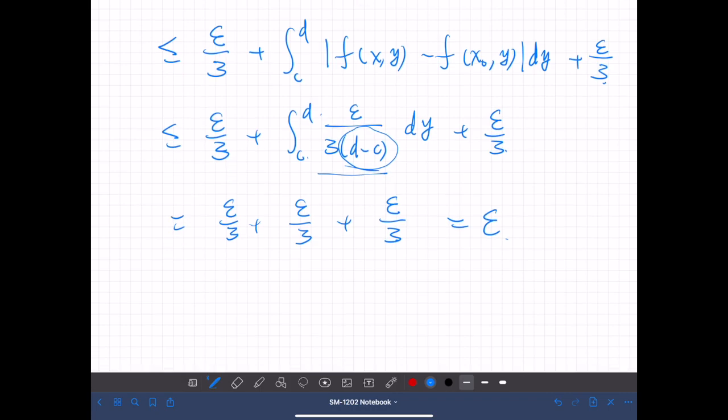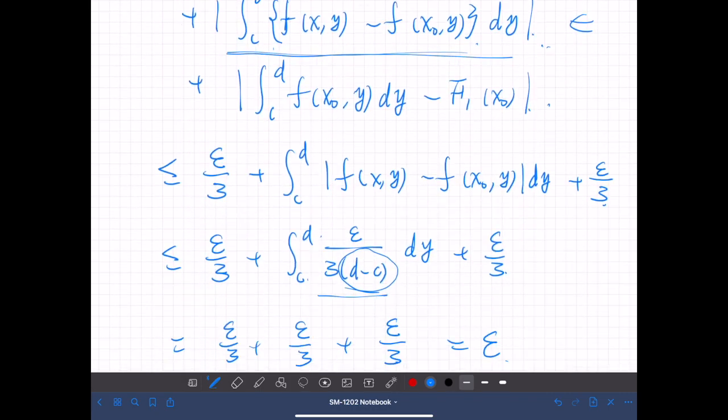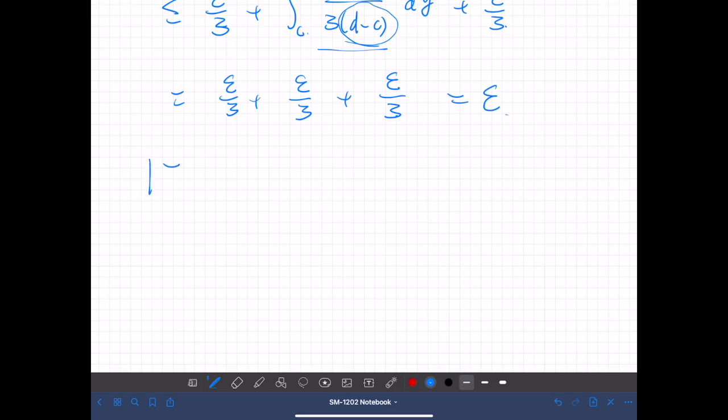So just to summarize, after all, we have shown that the difference f1 of x minus f1 of x0 is less than epsilon. So this epsilon was any positive number.